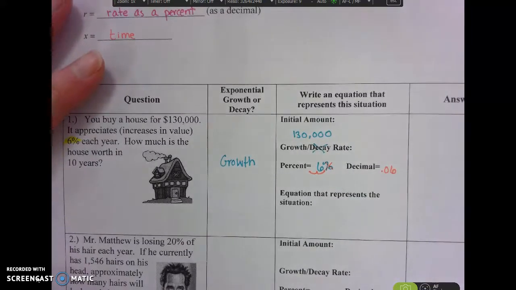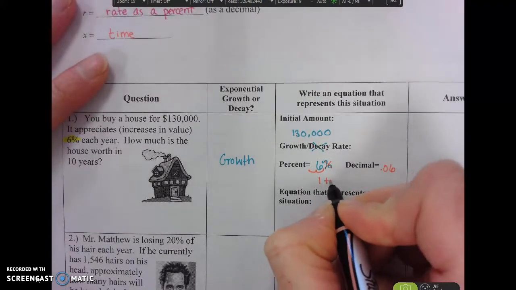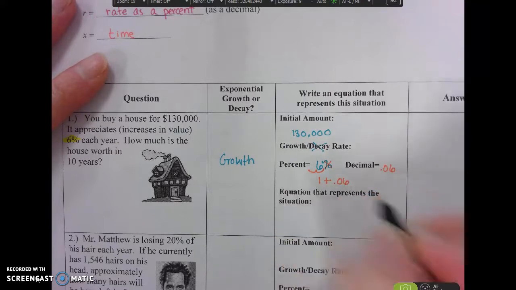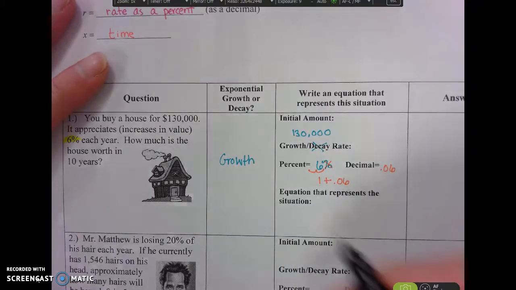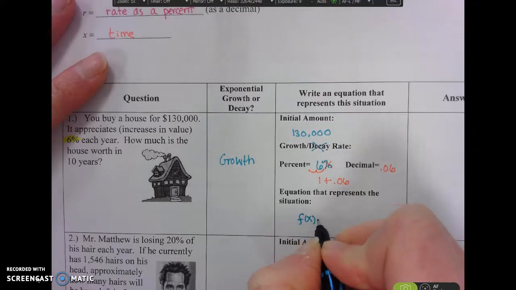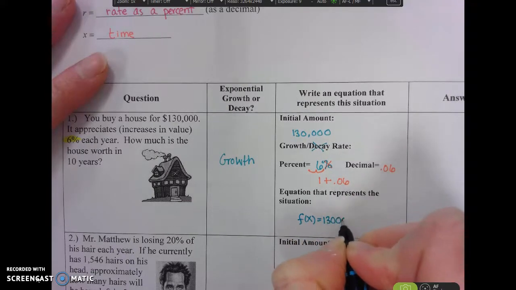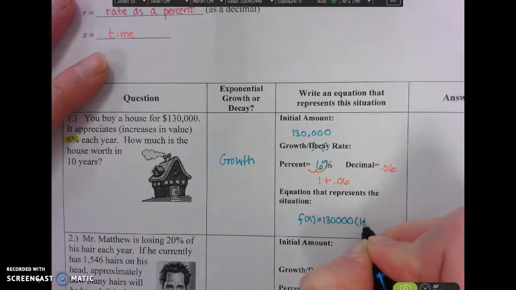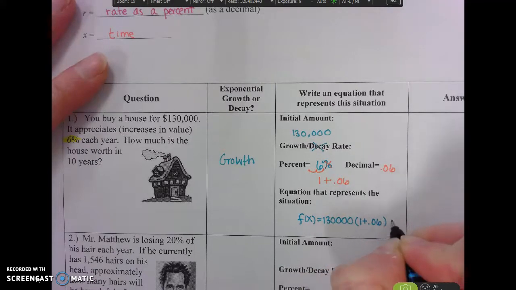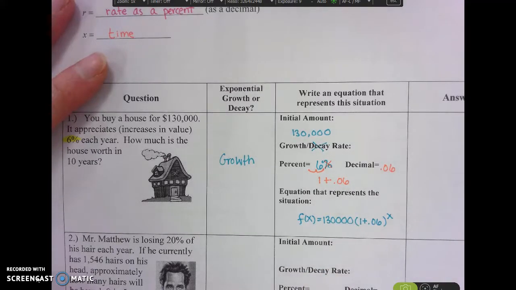To get our growth factor, it would be 1 plus that 0.06. So to write our equation, f of x equals 130,000 times (1 plus 0.06) raised to the power of x.